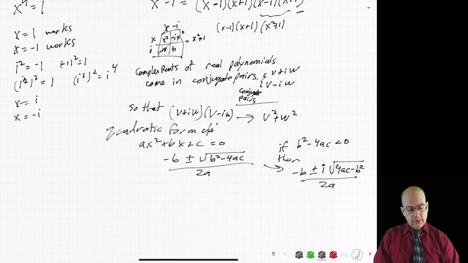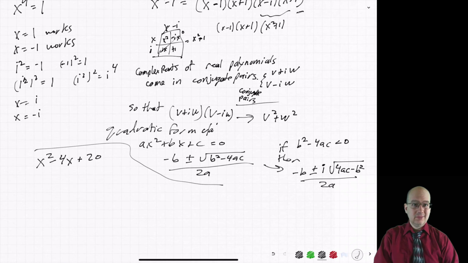Let's do an example of this. Let's say x squared minus 4x plus 20. Why not? It won't be nice, but I don't care.